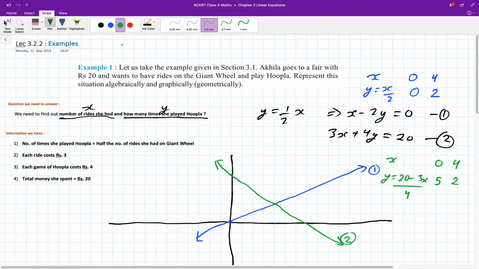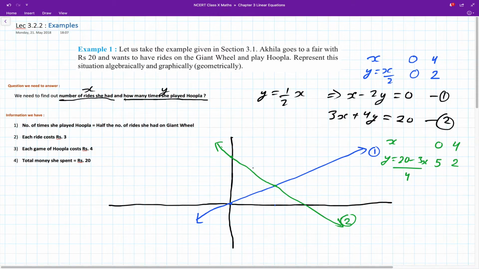Now in order to find the solution, we just need the coordinates of the intersecting point. So this point is (4, 2). That's it. This is our solution. So x is equal to 4, y is equal to 2.